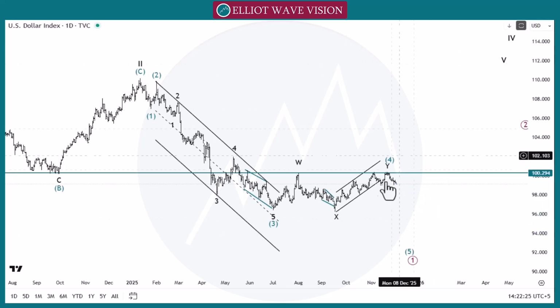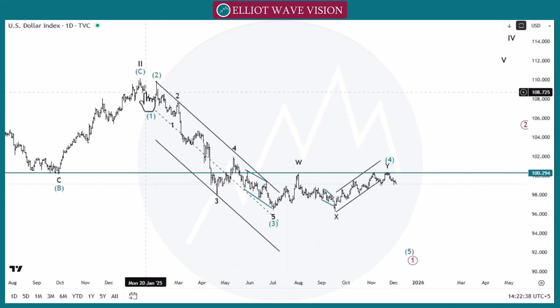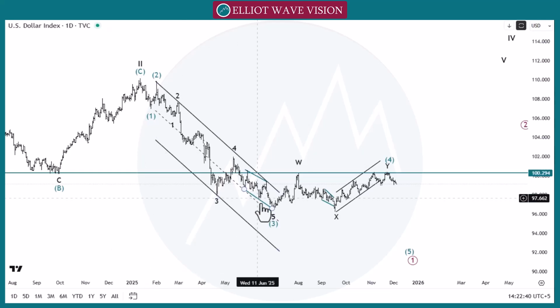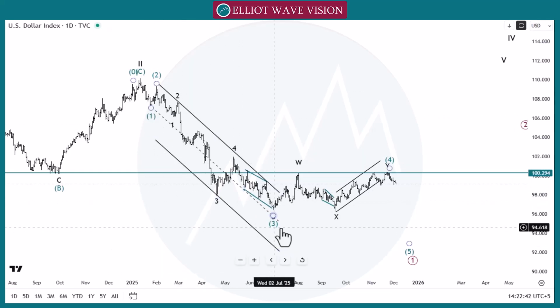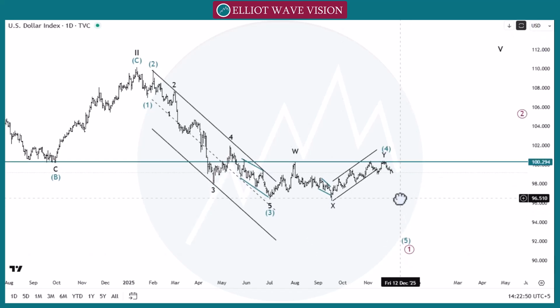So at this point the market completed this correction and this 100 acts as a tested resistance. We can count this move in different ways, like this whole structure and this whole move we count as a wave 1, then this may be A, B, C as a wave 2 we can count, but overall we are looking for the bearish side.